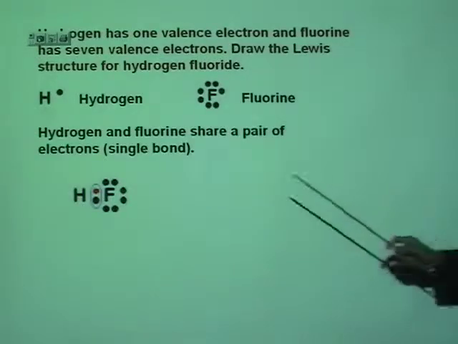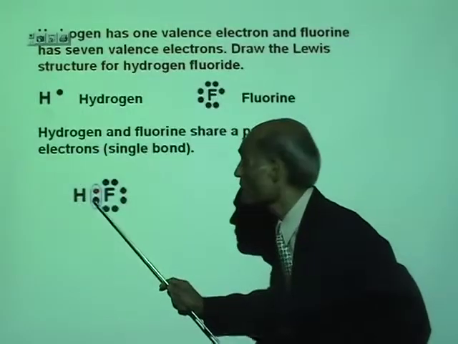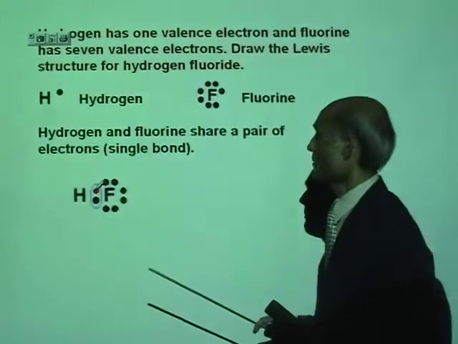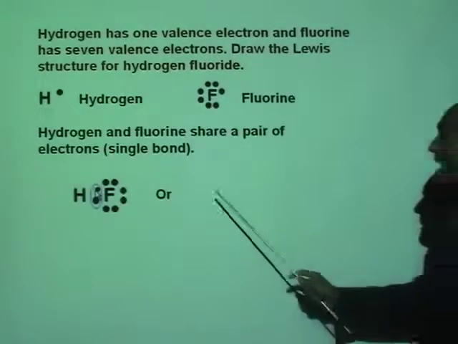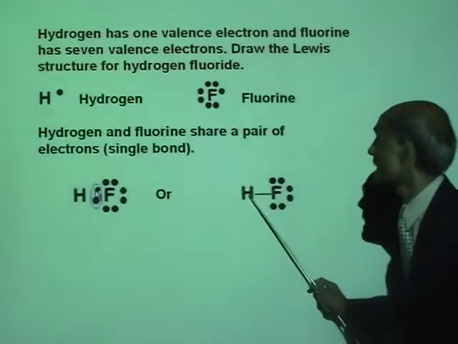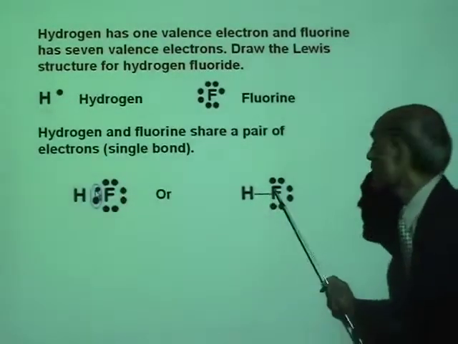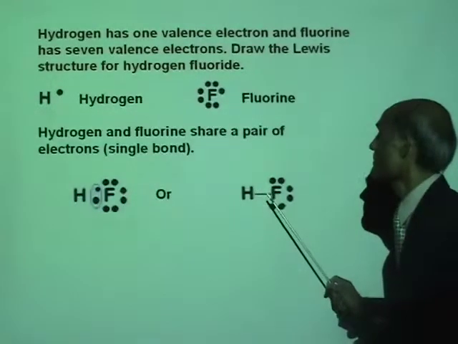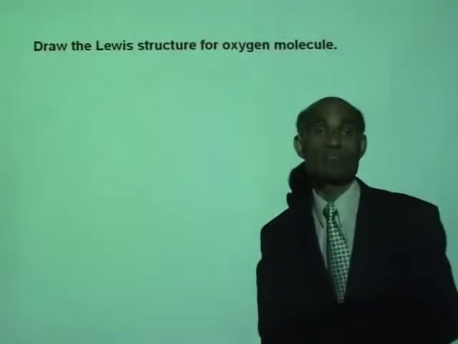So that is the electron for hydrogen, and this is the electron donated by fluorine, and this pair now belongs to both. Alright, now how will we represent that with the other notation? This can also be represented like this. This horizontal line tells me that a pair of electrons is shared between hydrogen and fluorine. So this is a single bond between hydrogen and fluorine.